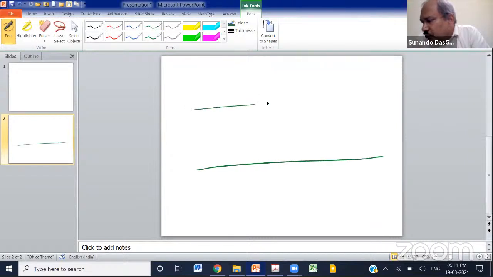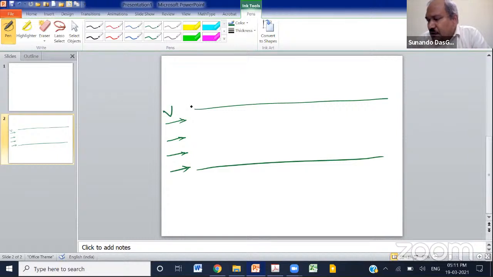So I have two parallel plates and the fluid is approaching with a constant velocity. The approach velocity is constant with respect to y. So this is my x and y, and the velocity is simply a constant.